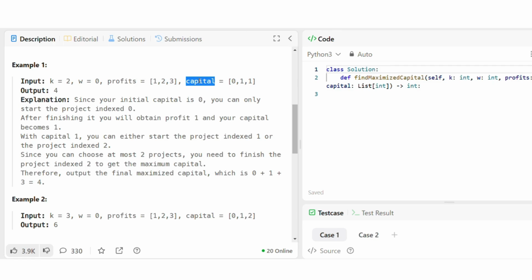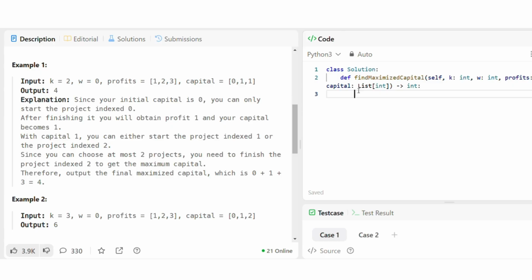The major thing is to get the project with the largest profit value, and the selected project's profit will be added to the capital. We repeat this process until we get the required number of projects. The time complexity of this solution would be O(n squared), because we would need O(n) time to traverse it each time. But I'm going to work on the optimized approach here.